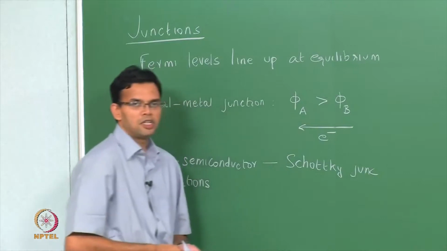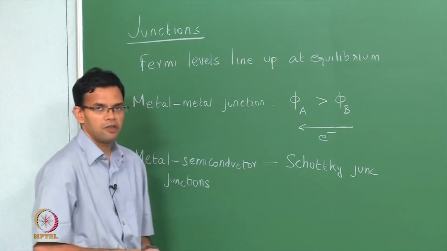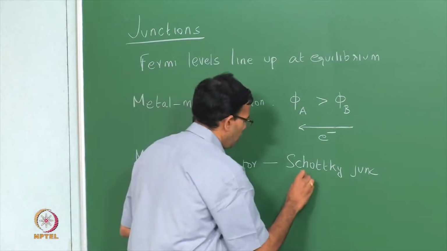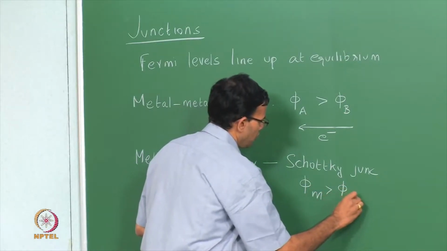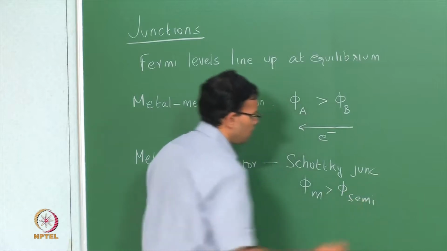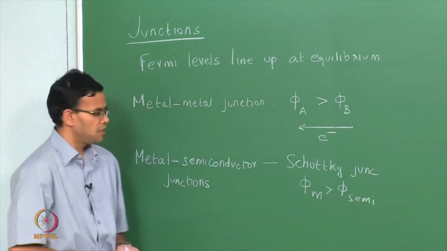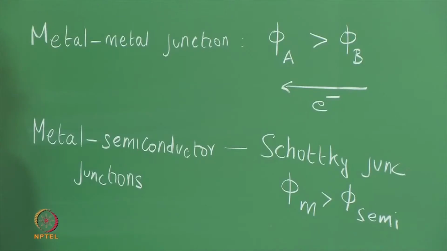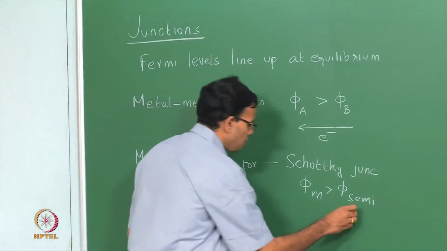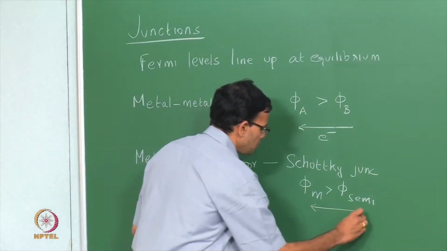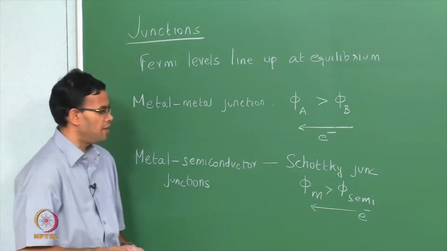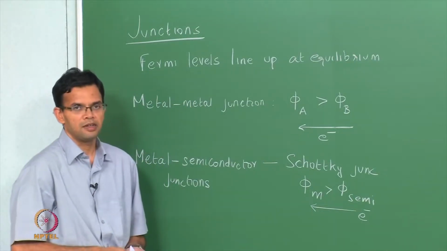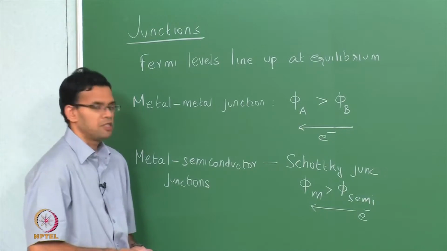So, this is a junction where the work function of the metal, we call it phi m, is greater than the work function of a semiconductor. In such a case, we found that electrons will travel from the semiconductor to the metal, and this will again create a depletion region in the semiconductor and a contact potential.